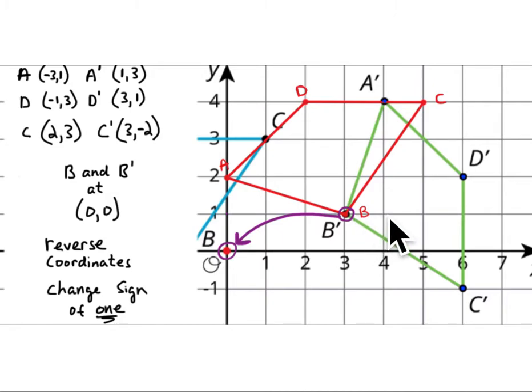And then now I'm going to count along the y-axis 3 units. 1, 2, 3. So notice I'm reversing the coordinates. -3, 1. And I'm reversing them to 1, 3. And I'm also changing the sign of this 3. Instead of along the x-axis, it was -3, 1, 2, 3.